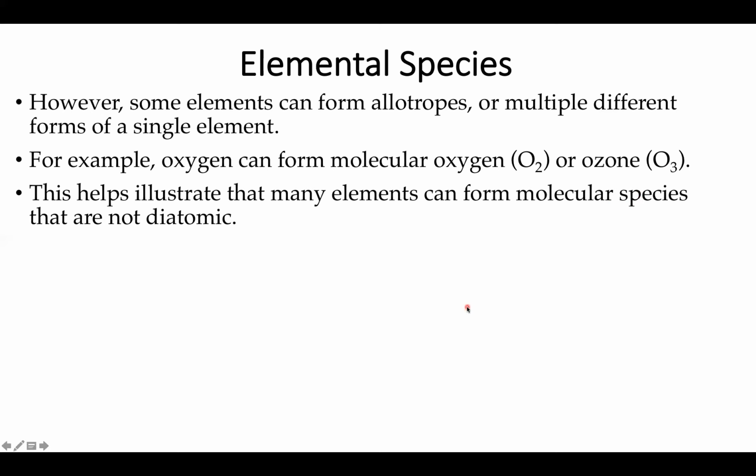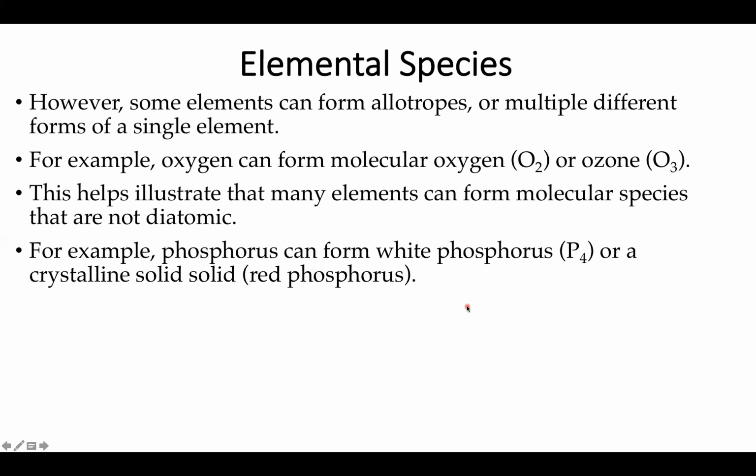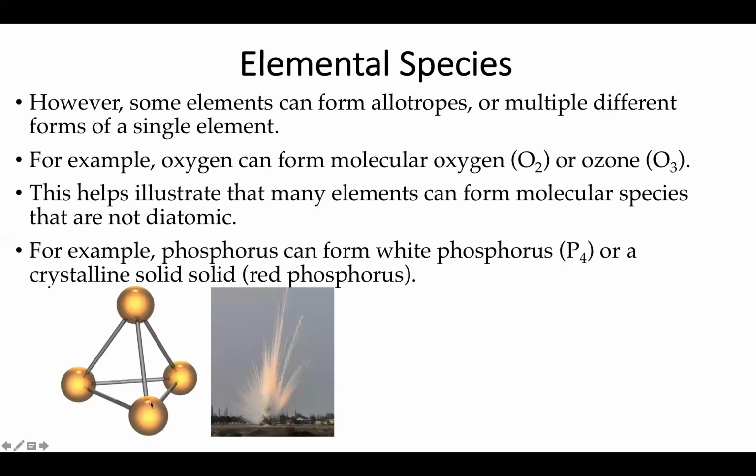However, there are other allotropes that are molecules. So, another good example that you've actually seen is phosphorus. So, phosphorus is known for having 2 major allotropes. The first is a molecular species of white phosphorus, which is 4 phosphorus atoms linked together in kind of a pyramid. This is most famous for being used in explosives.